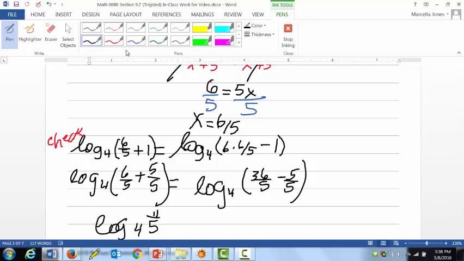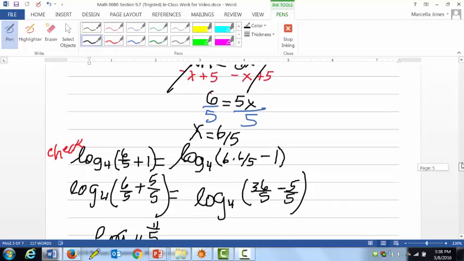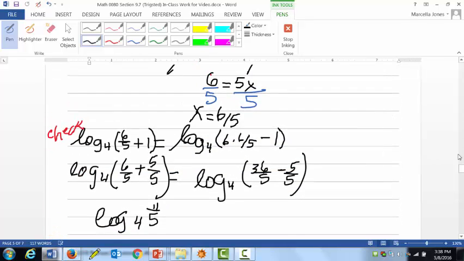Oh, and here I copied this wrong. This is minus 5, so that's the problem. This is a minus 5. So 5/1 times 5/5 is 25/5.